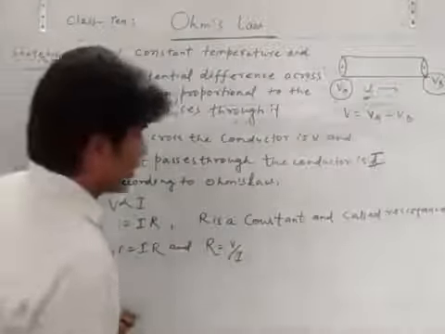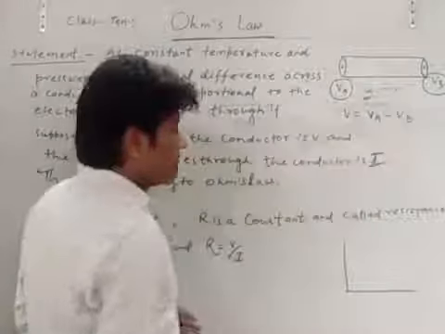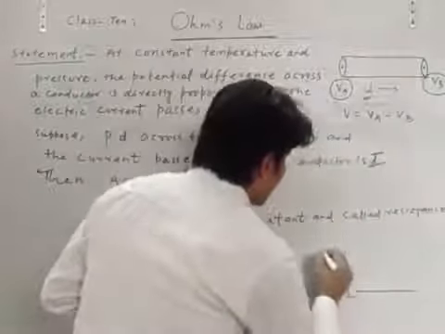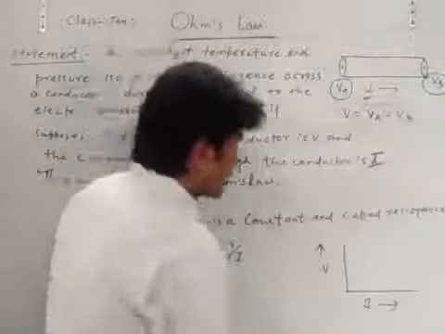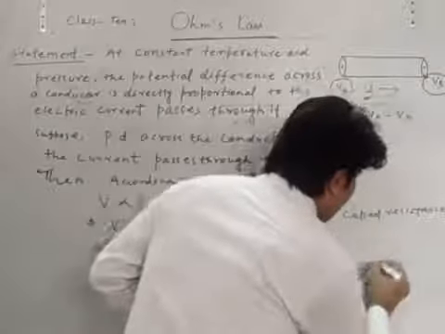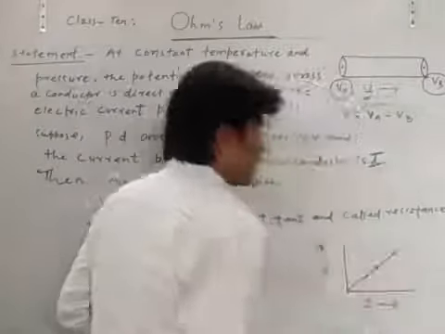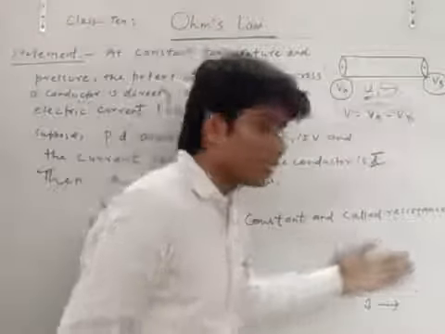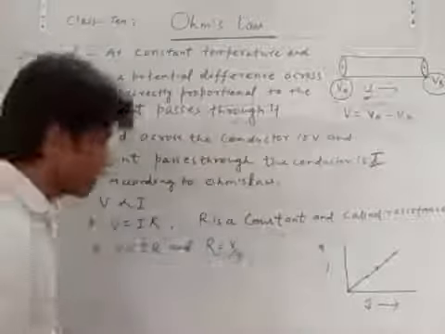Now if we draw a graph between V and I, the graph is always a straight line. So a straight line graph shows that R is a constant.